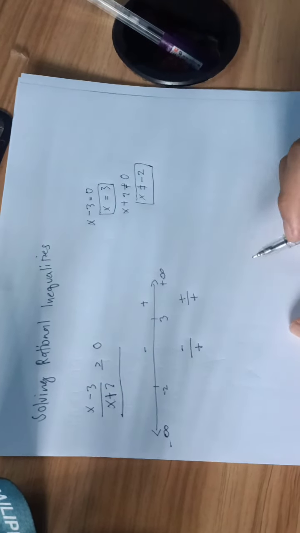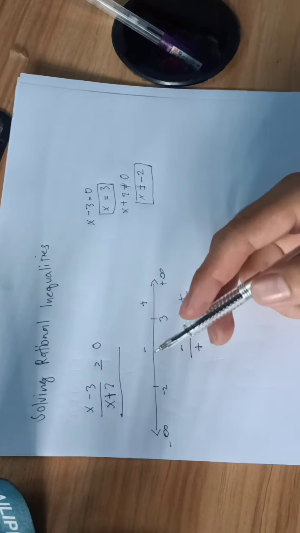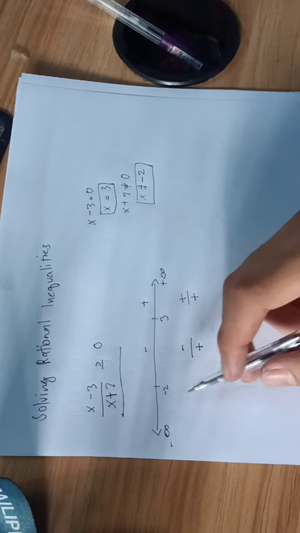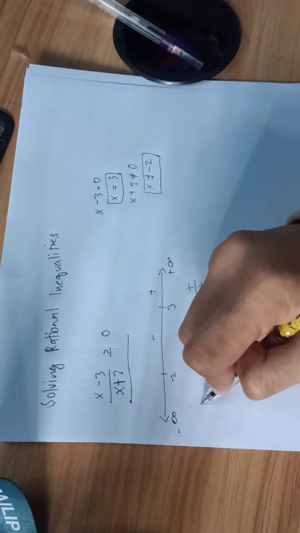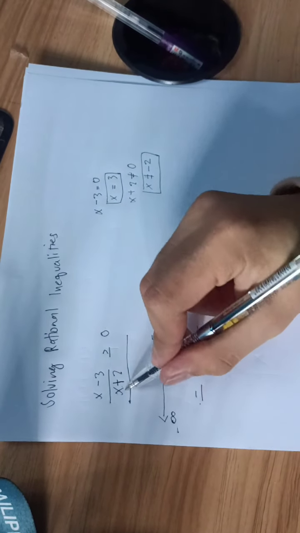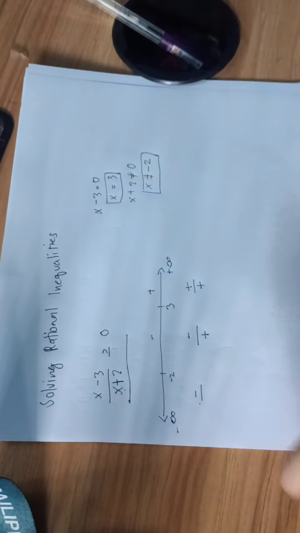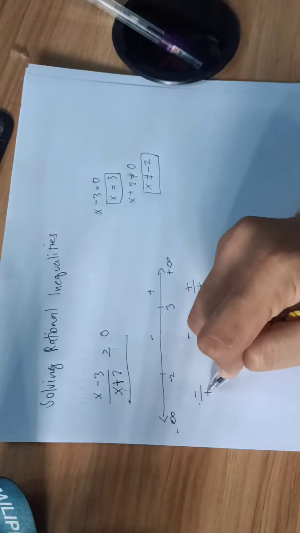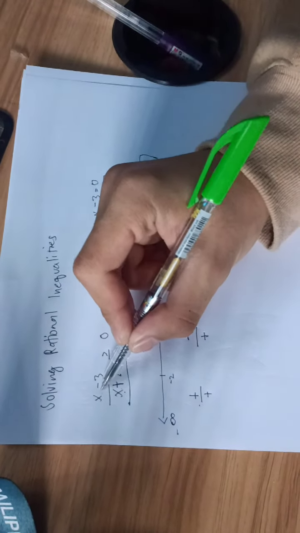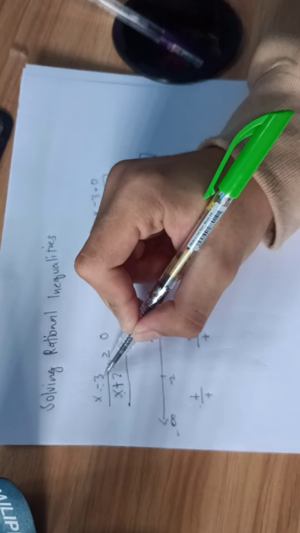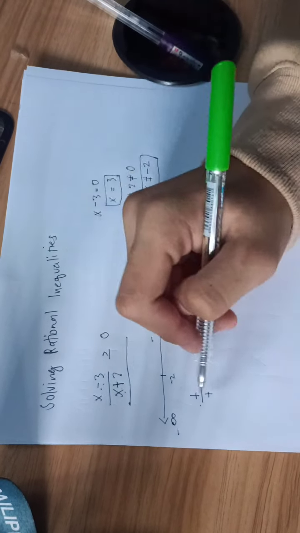Then from negative infinity to negative 2, let's say a number less than negative 2. The numerator is negative, and the denominator is also negative. Dividing, it becomes positive.